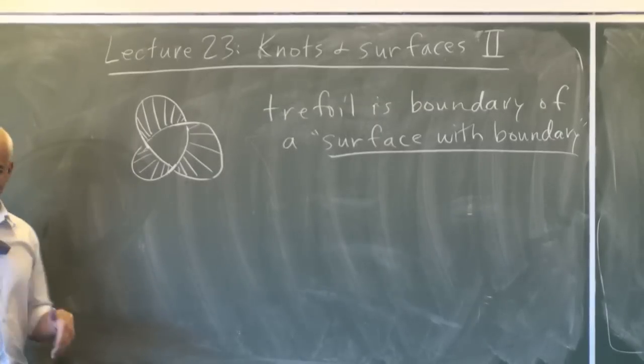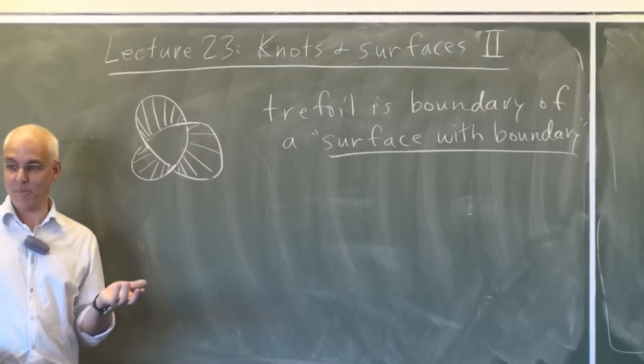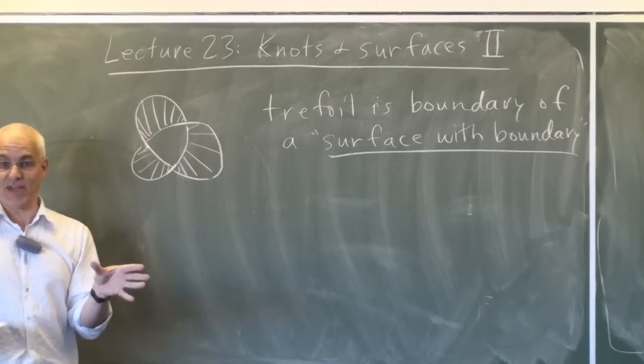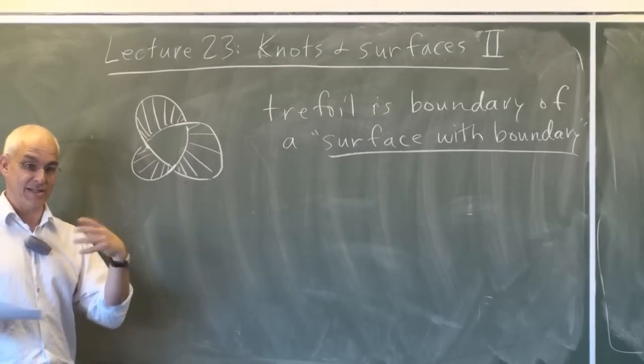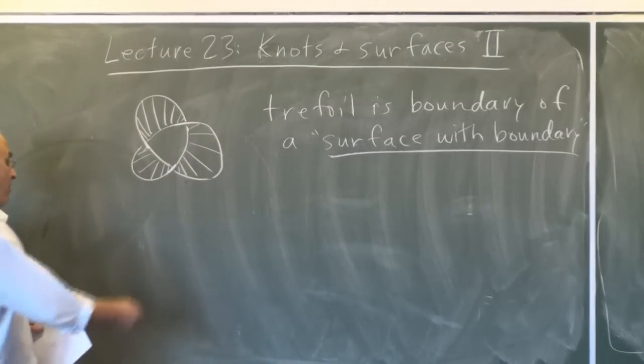So that's interesting, but if you took a much more complicated knot and tried to imagine how we can do the same thing for it, can we find a surface that has an arbitrary knot as its boundary? That seems like a very complicated problem.